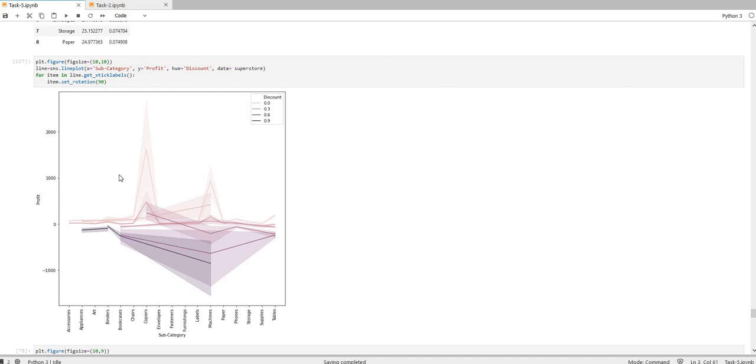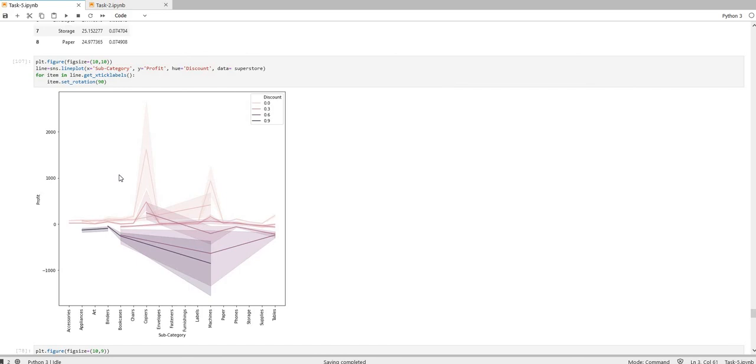We can see that machines have been given a fair discount, so they have seen the most loss. The least is at 0.0 discount, or no discount.